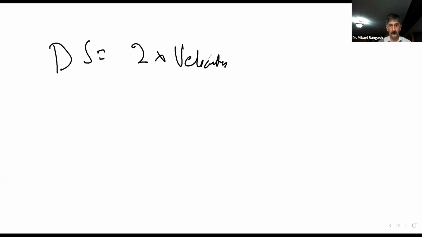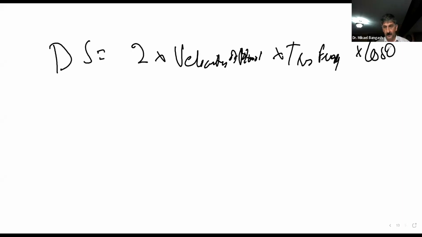But you can say that the Doppler shift is equal to 2, multiplied by the velocity of blood, multiplied by the transducer's frequency, multiplied by the cosine theta value of the angle between the direction of blood flow and the beam. Clear?